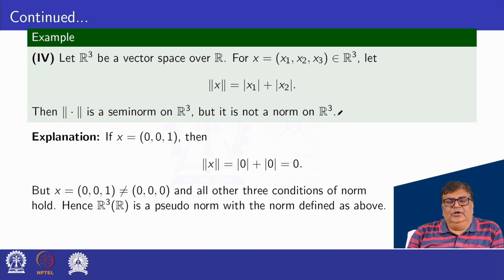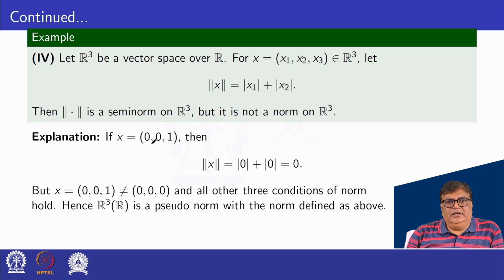As in the above example, we can easily prove the first, third and fourth properties of norm, but the second property is not satisfied fully.